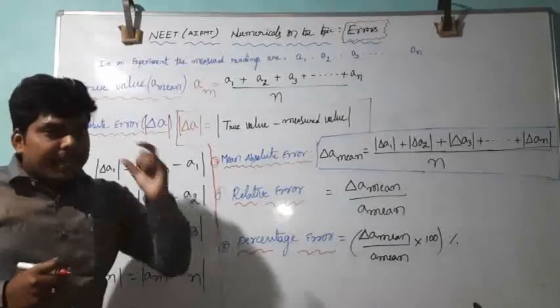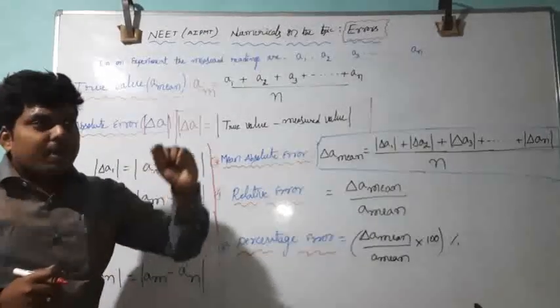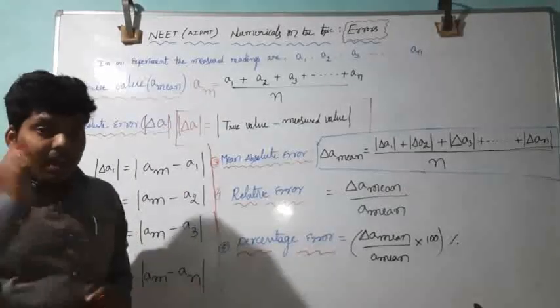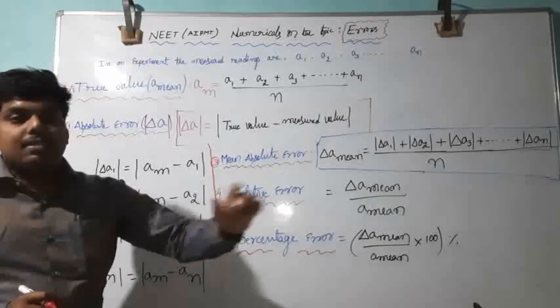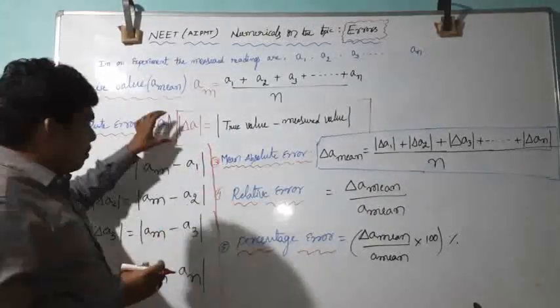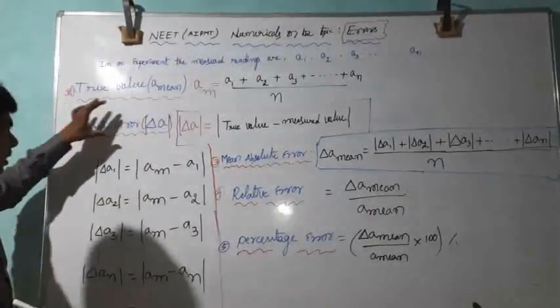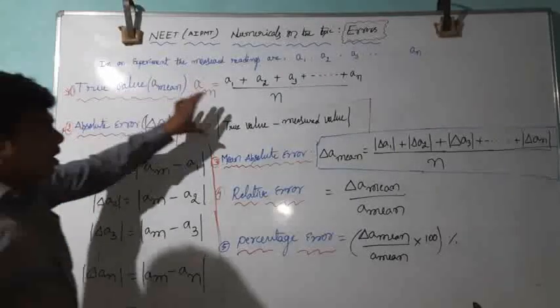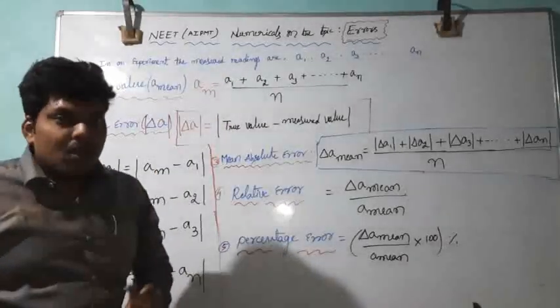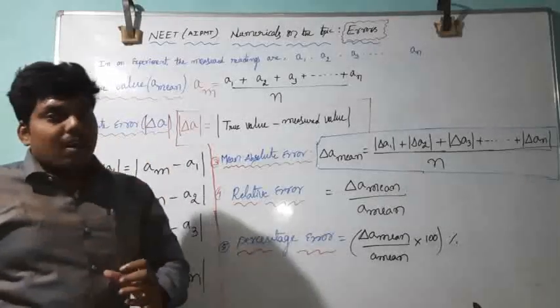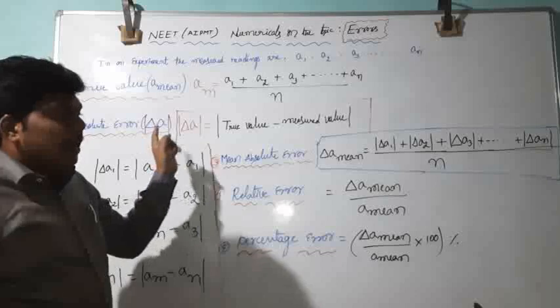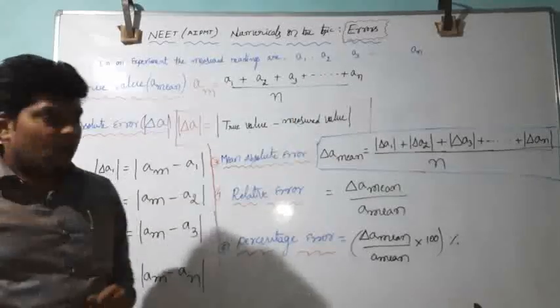If a negative value like minus 0.03 is there, our answer must be 0.03. We should not consider the sign. You should remember one point here: while finding the absolute error, we should not consider the sign, we should take the magnitude only, the value of that only. Absolute error is always positive only.